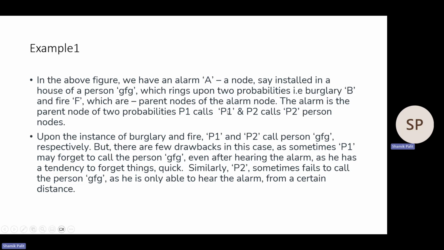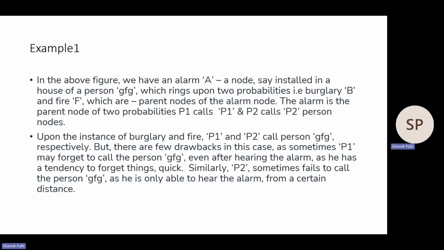Say, for example, P1 might have a tendency to forget to call a particular person even after hearing the sound of the alarm. At the same point of time, P2, another person, might be far away from that particular alarm, unable to hear the buzzer, and then making a call is obviously not that effective as far as P1 and P2 are concerned.